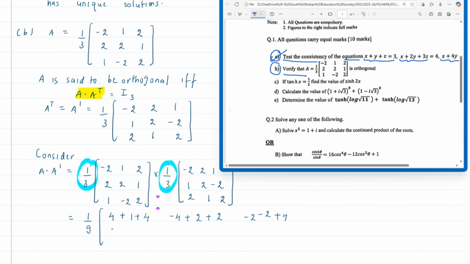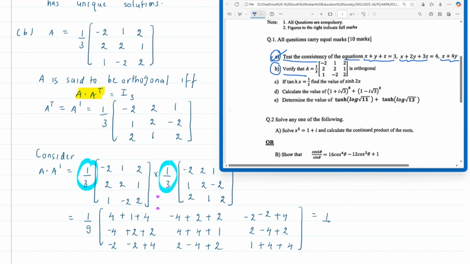Moving on to the second row entry, this is going to be negative 4 plus 2 plus 2, and here we have 4 plus 4 plus 1, and here we have 2 minus 4 plus 2, and in the last row we have got negative 2 and 4, then we have 2 minus 4 plus 2, and lastly we have got 1 plus 4 plus 4.